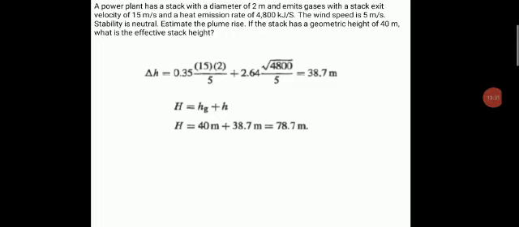Hg is the geometric height, and delta H is determined using the formula for neutral stability conditions. The addition of both gives the effective stack height.